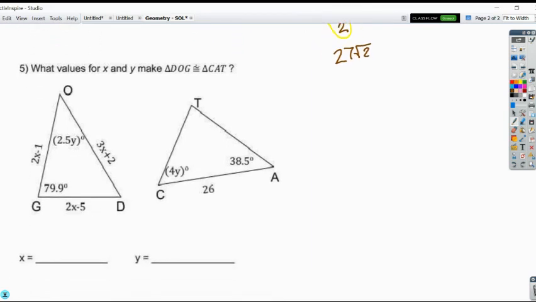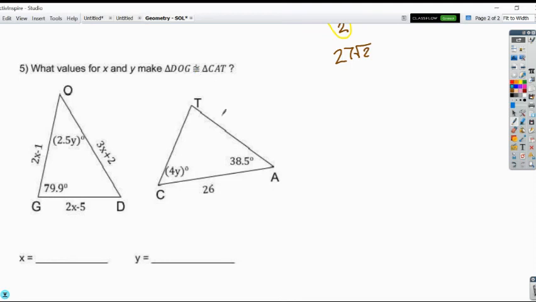And lastly, for you to review here with this, number 5, find the values of x and y that are going to allow our triangle DOG to be congruent with triangle CAT. So remember, that congruent pattern and name is going to be so helpful for us in trying to set these items up.